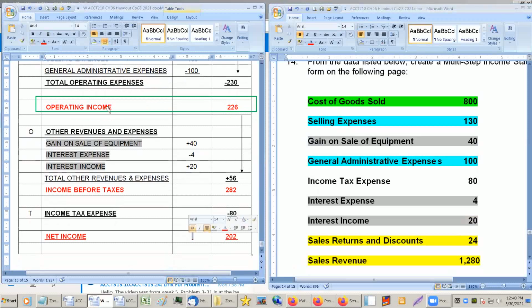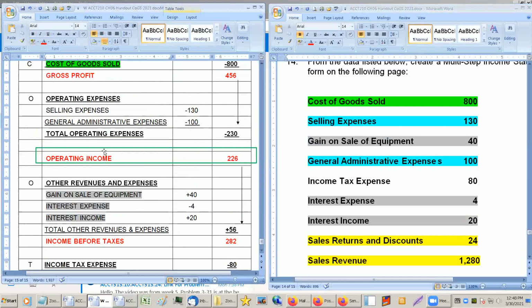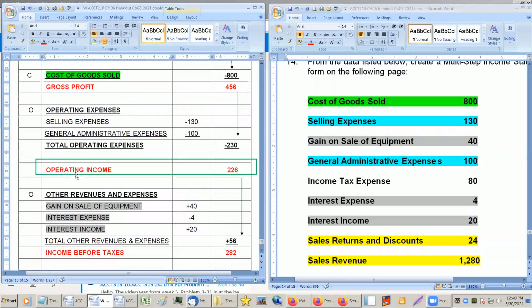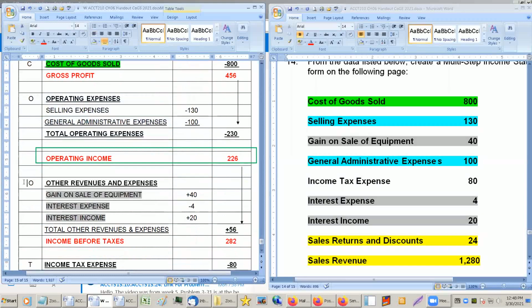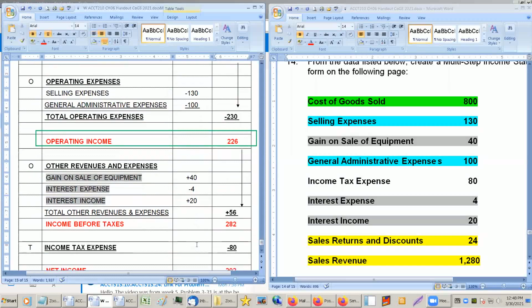And so this multi-step income statement really puts together things that are more important with those things that are less important. Especially when it comes to the expenses, operating expenses are the most important. These are less important. Not saying they didn't happen, they did happen, but they're not usually what you're in business to do.